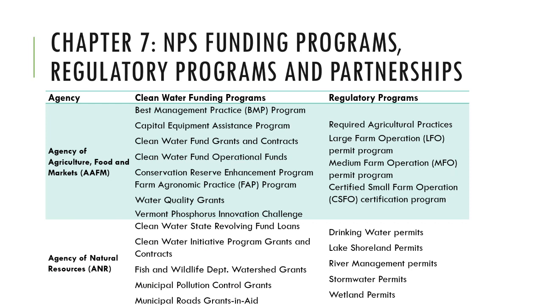There's other agencies not listed on here, such as Agency of Transportation, Agency of Commerce and Community Development, and then the Agency of Natural Resources, broken up into several different programs implementing different regulatory permits and different funding programs that are listed here. There are a lot of programs.